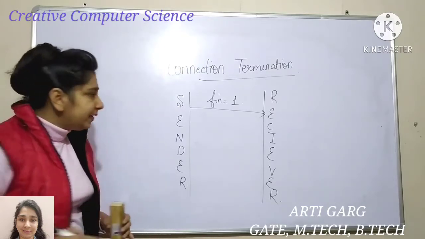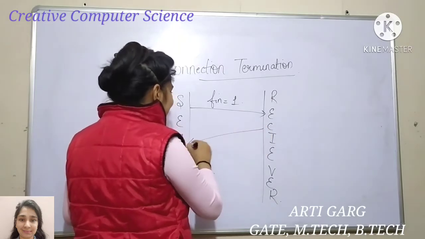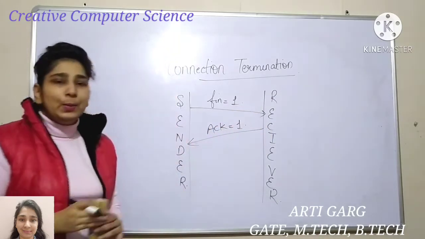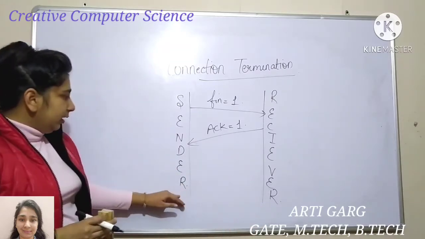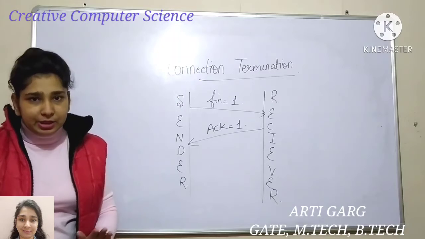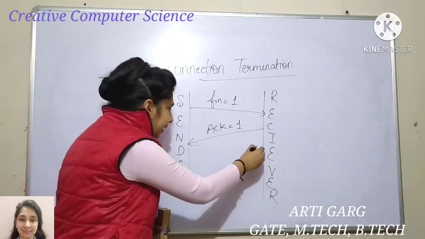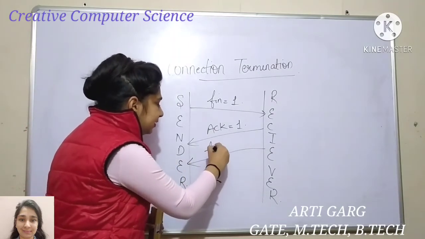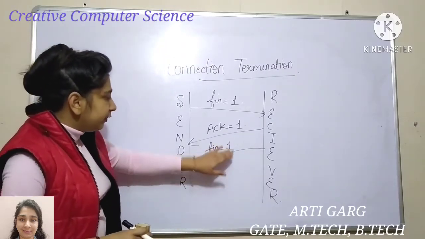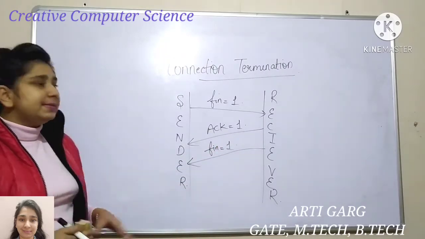Then what will the receiver do? The receiver will send an acknowledgement back. It will say, I received your message that you want to terminate the connection, okay, let's terminate the connection. Then the receiver will also send the FIN field set to 1 to the sender.